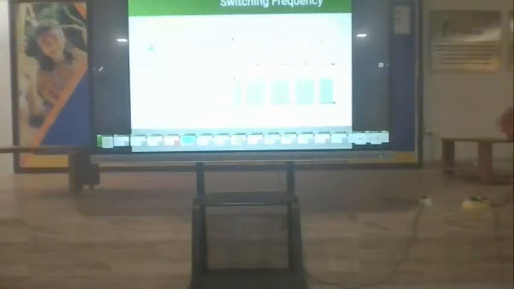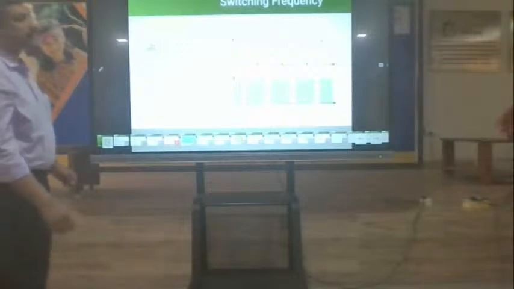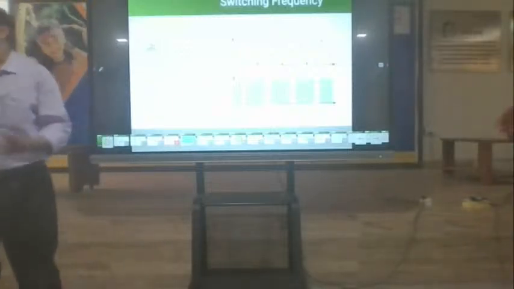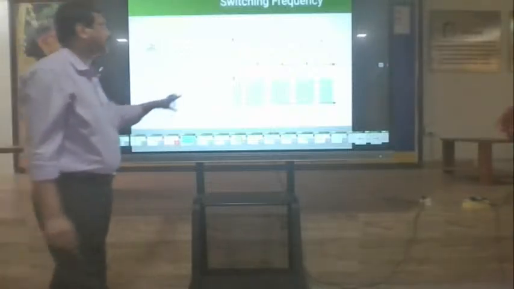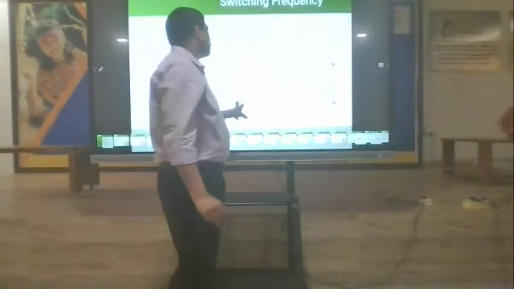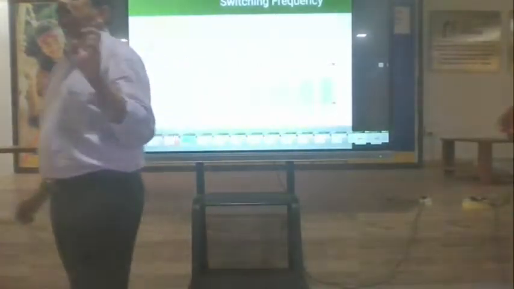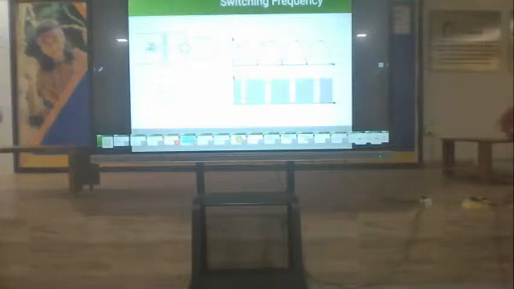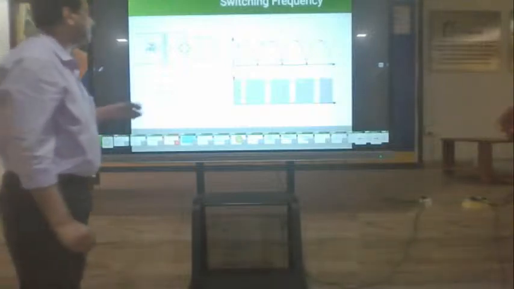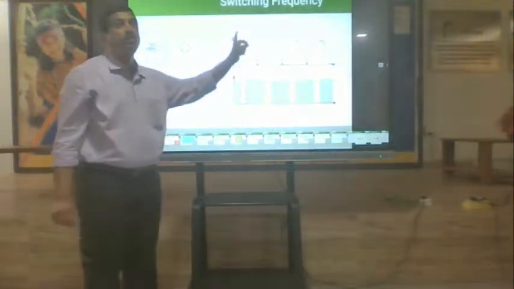So in your normal rectifier, among the 20 millisecond cycle, you have only 6 milliseconds that is charging the capacitor. For the other 14 milliseconds, whatever is the stored energy in the capacitor should be powering the load.